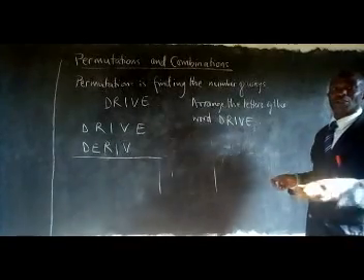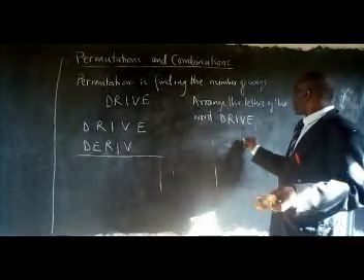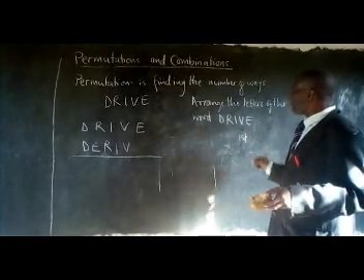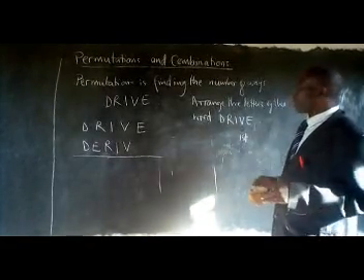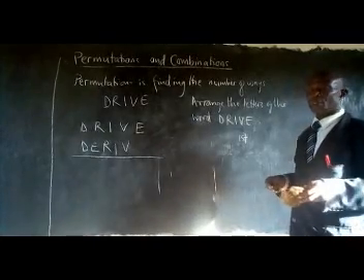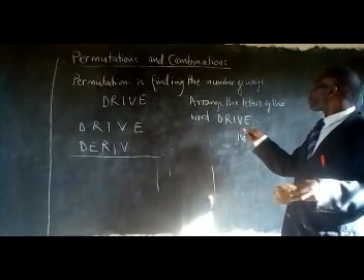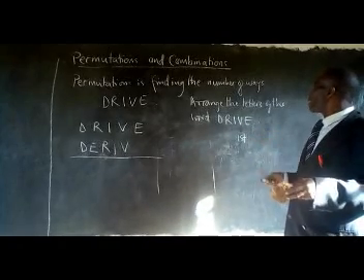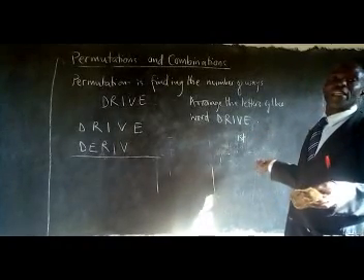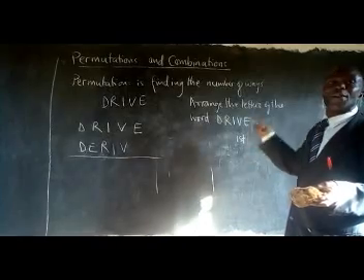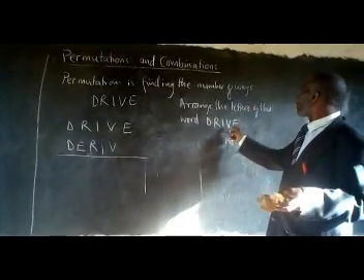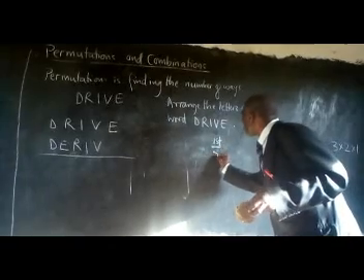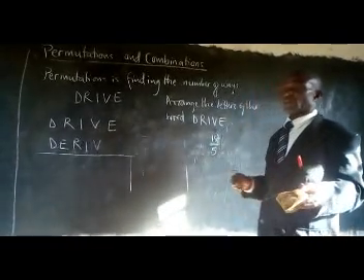We can do the same reasoning. We say the first letter can be taken by any of those letters. You can choose either the first one to be D, or R, or I, or V, or E. Those are 5 possibilities. There are 5 possibilities of choosing the first.